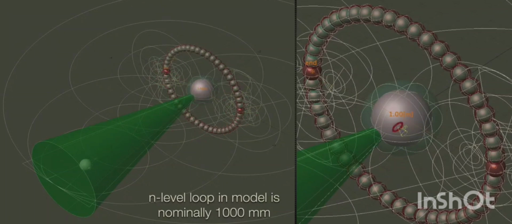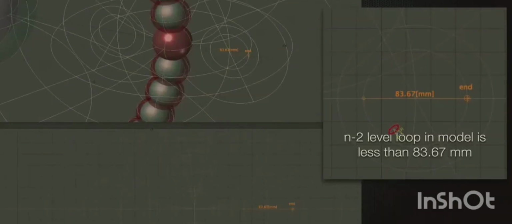Okay, so the n-2 distance is actually less than 83.67 millimeters on my diagram. The reason I say less than is because this is the outer part of the torus. So the inner part will be somewhere in here and it'll actually be in the middle there. So I will actually do my homework and come up with what it should be, but this is just for approximating it, okay?